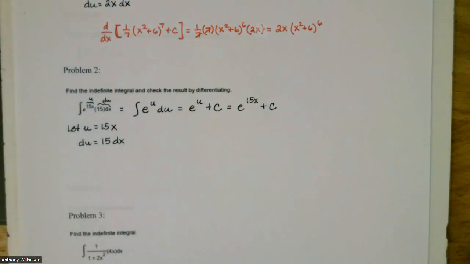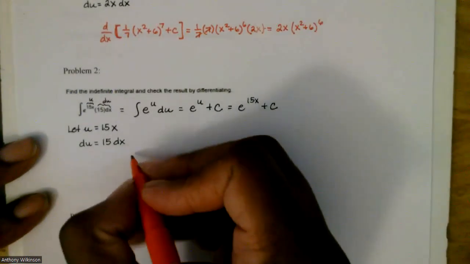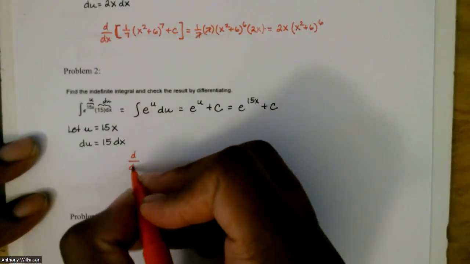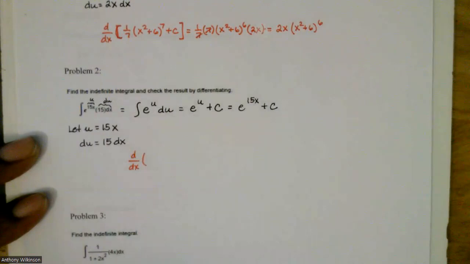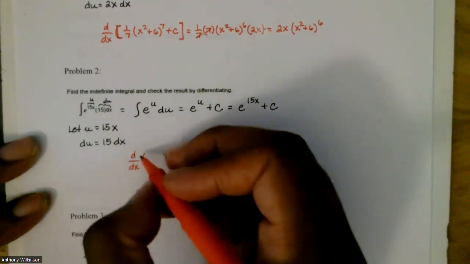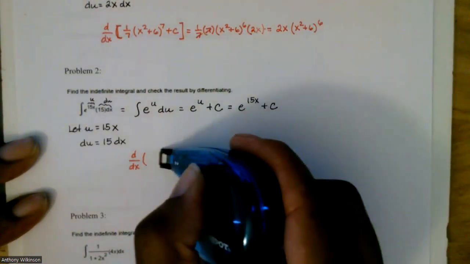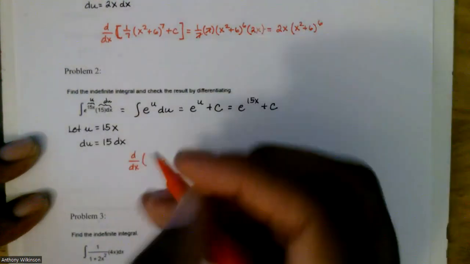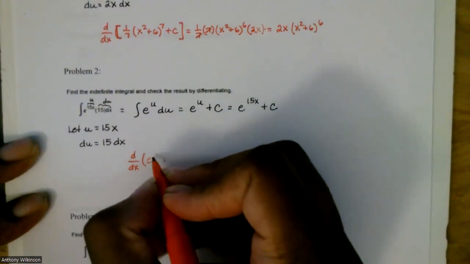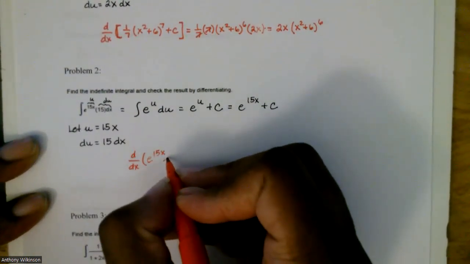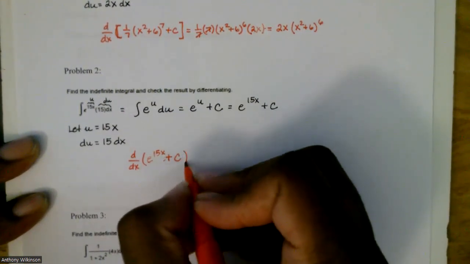And we can check that result by differentiating like we did in the last problem. The derivative with respect to x of e to the 15x plus c.